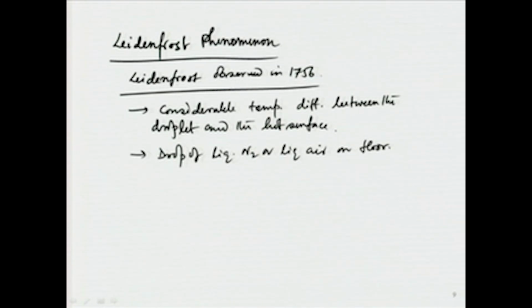If incidentally a drop of liquid nitrogen or liquid air falls on the floor, then also the temperature difference will be sufficiently high, because we know that the liquid nitrogen temperature is around minus 180 to 190 degrees centigrade, and the atmospheric temperature is around 30 degrees centigrade. So, the differential temperature will be around 200 degrees centigrade or so.